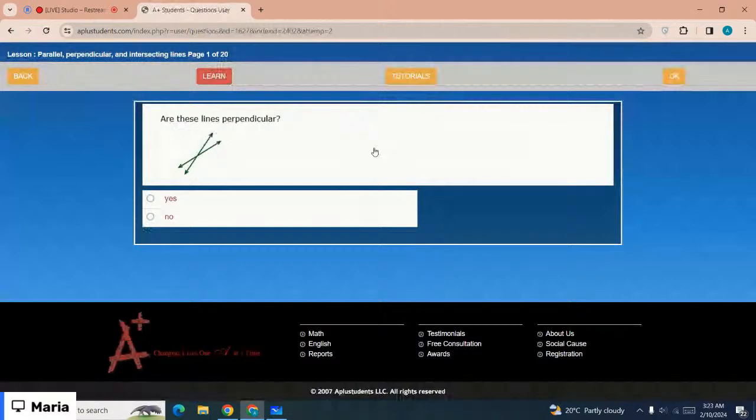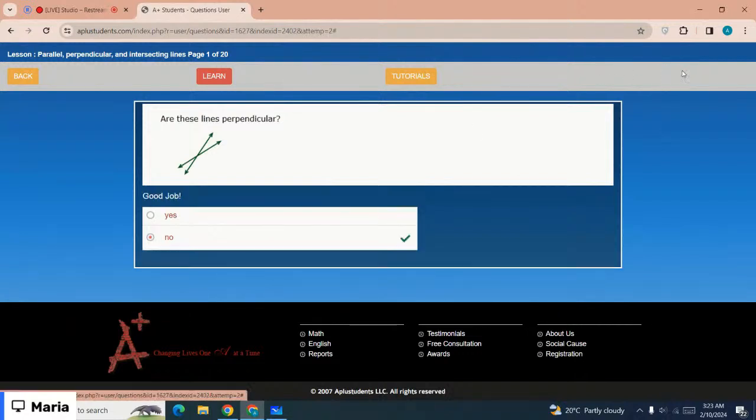Are these lines perpendicular? No, they are not perpendicular. They are intersecting lines.